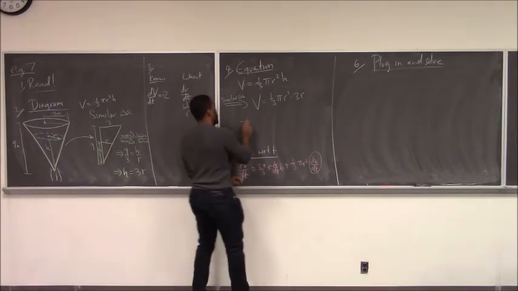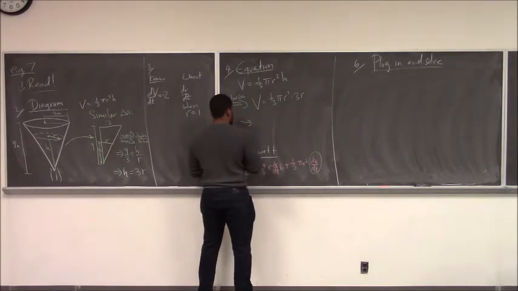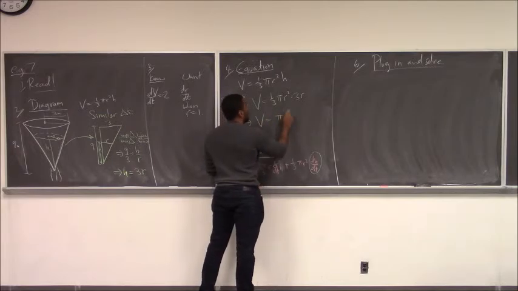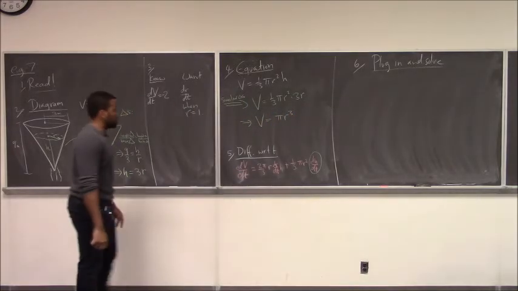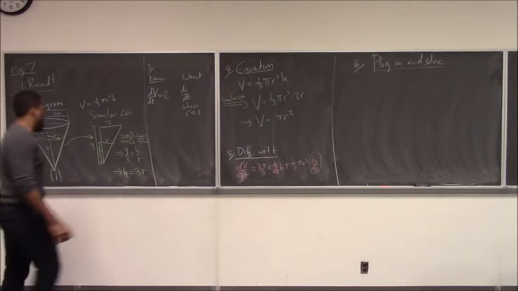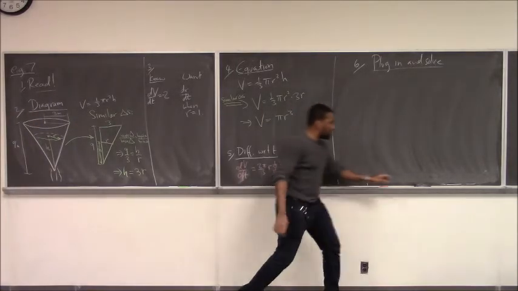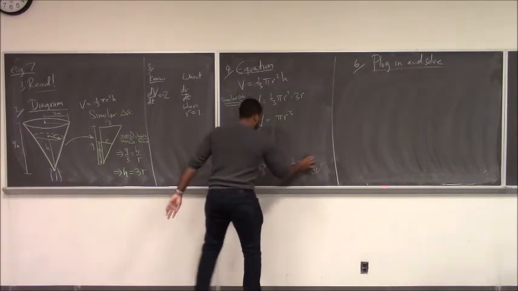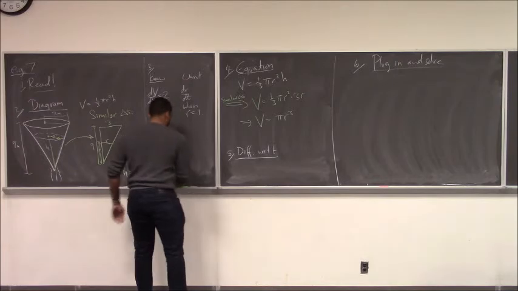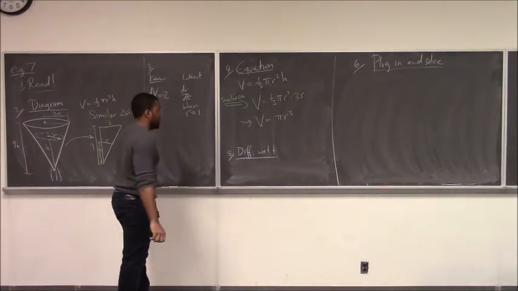In other words, for this particular cone, my volume will be given by pi r cubed. And so now I can move on to step 5 and start differentiating.